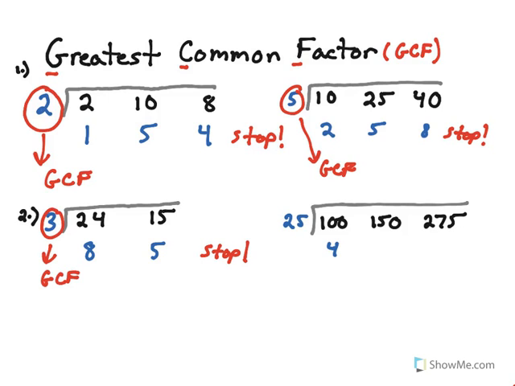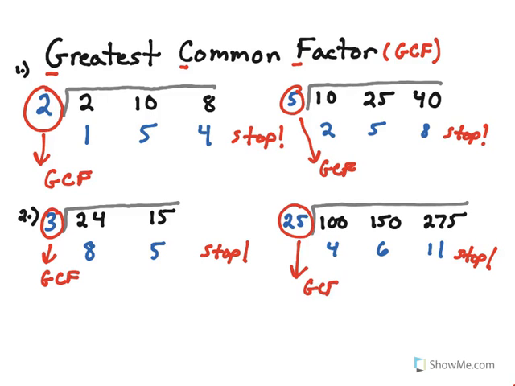It's going to be 6, right? How many go into 275? It's going to be 11. All right? And then, are there any other numbers that go into 4, 6, and 11 evenly? No. Okay? So we stop, and therefore my GCF is going to be 25.